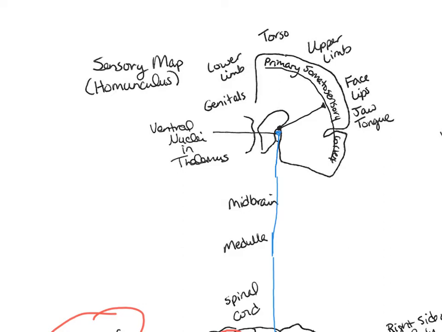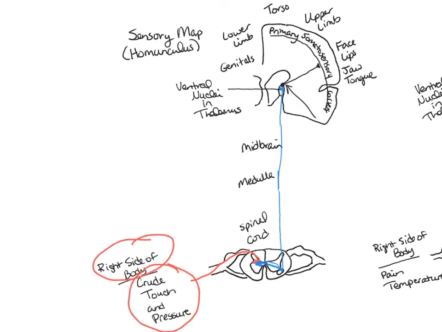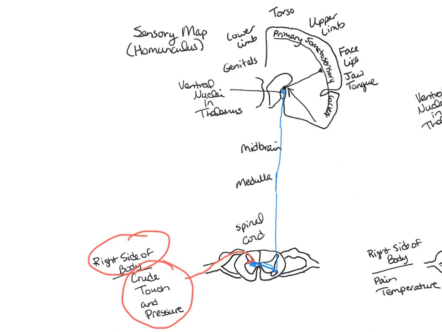Now we know two things. The thalamus received the information from the tract, so we know that it's crude touch and pressure. The cortex received the information about where it came from, so now you're aware of it. You're aware of what it is and where it came from, right? Now, the funny thing is that this tract is genetically programmed.